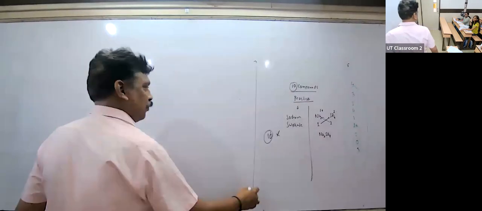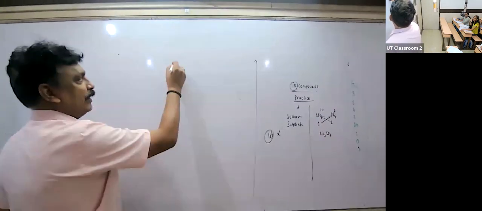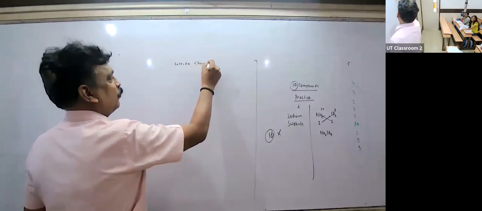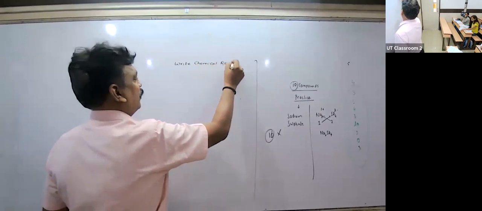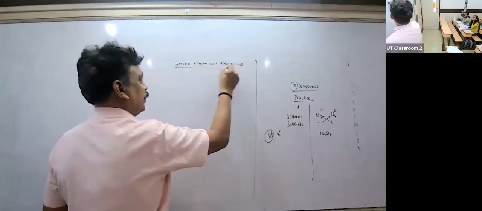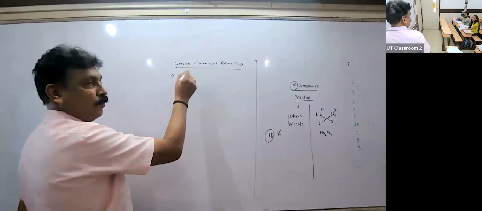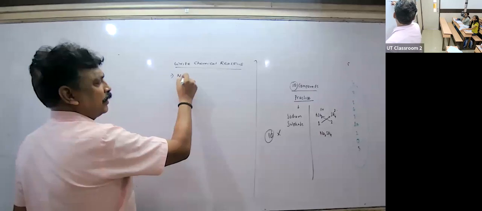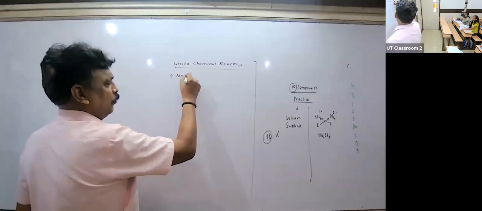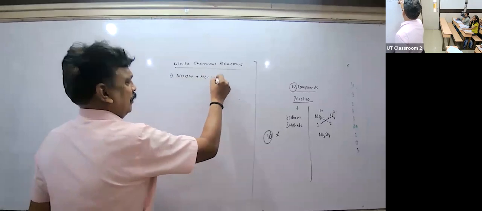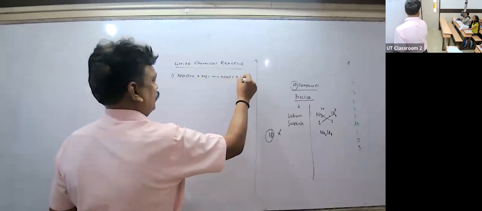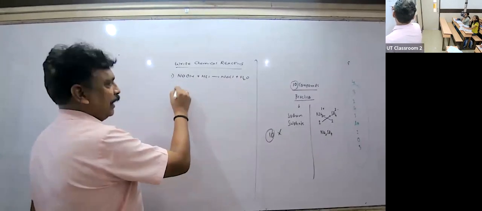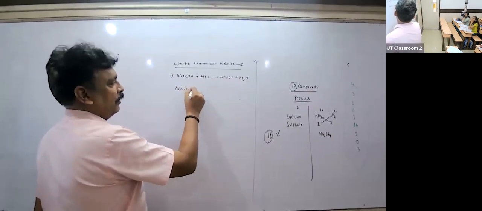After you have done all the formulae, then you will write the chemical reactions, all those in your books. First write them in the form of formula only. No need to write in words. Let us say, for example, this reaction: NaOH plus HCl giving you NaCl plus H2O. Write it once. After that, the second time, write only the reactants.